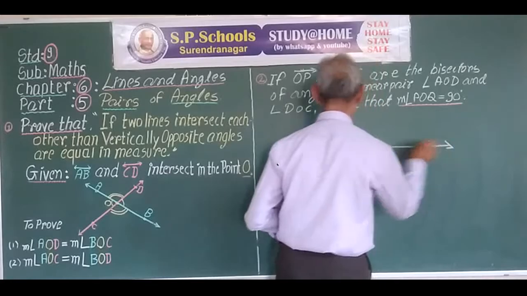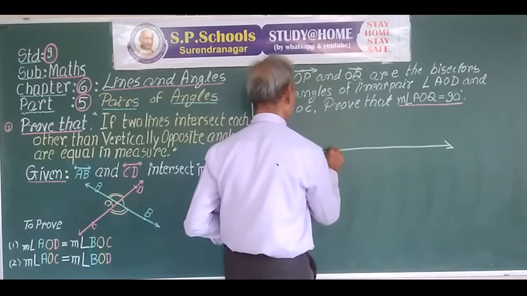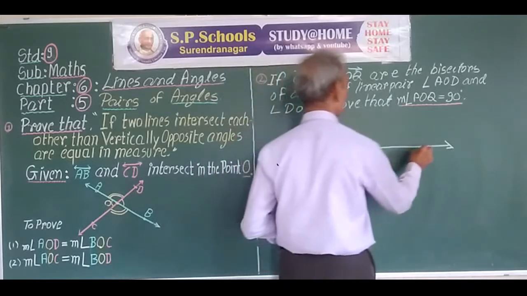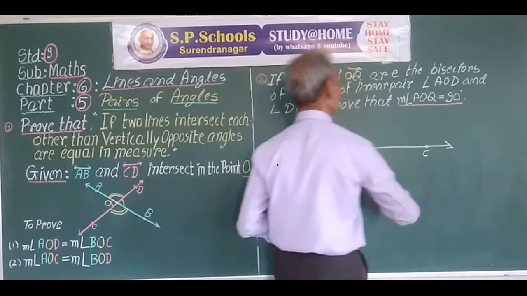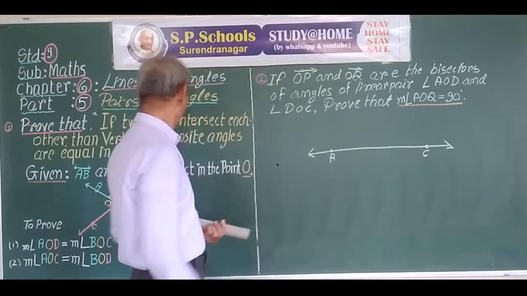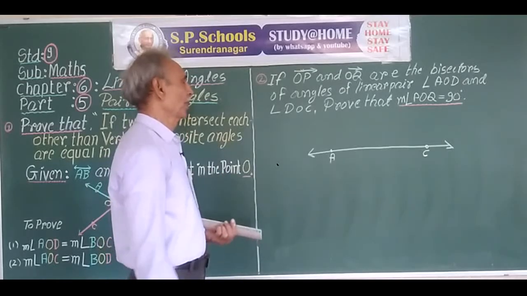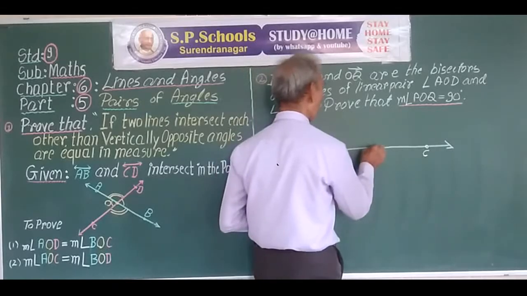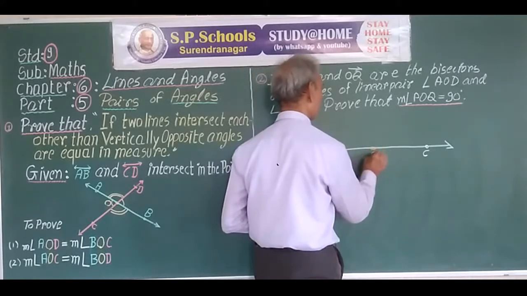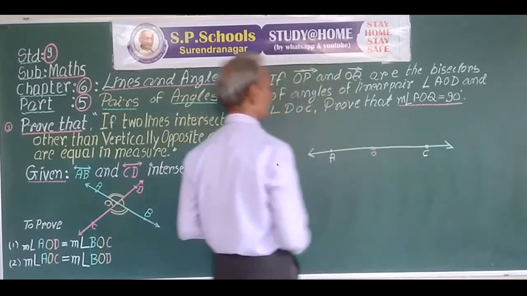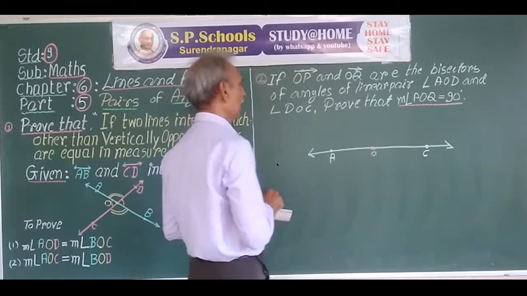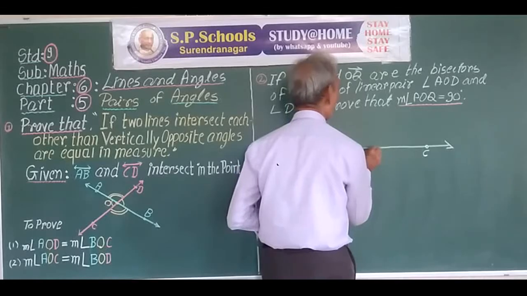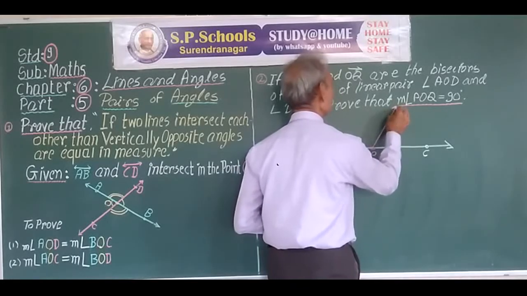We have a line AC. There is a point O on this line. There is a ray OD standing on that line.